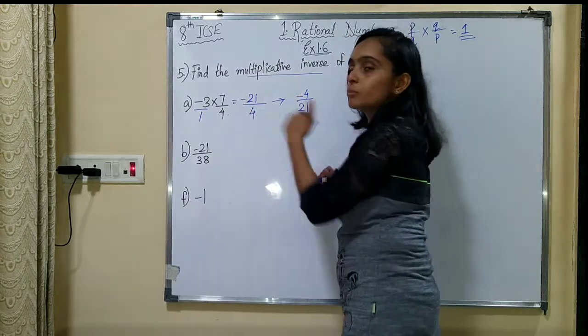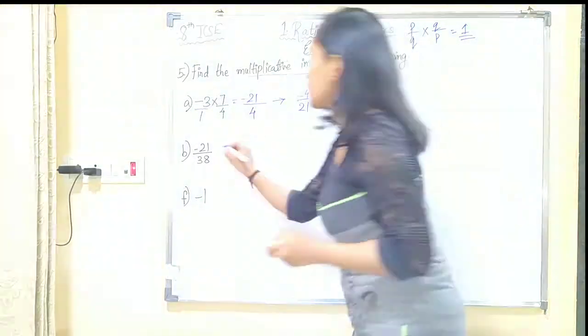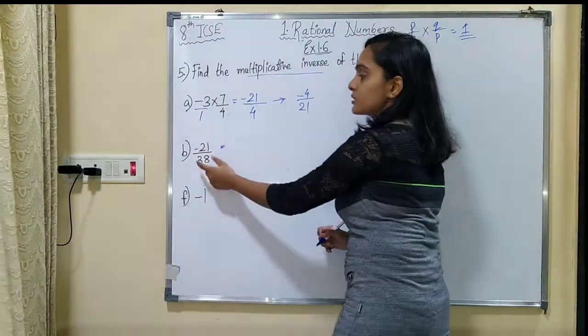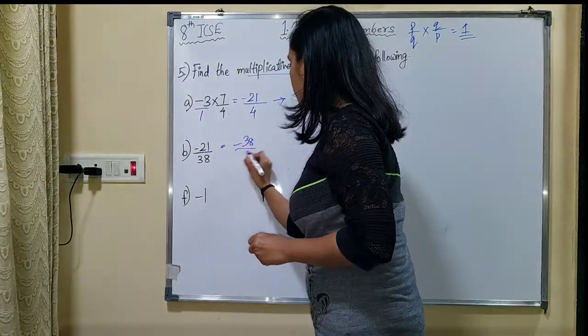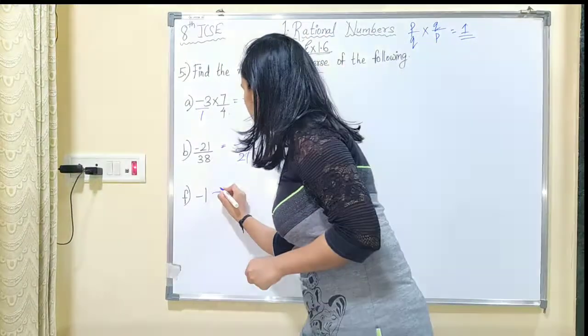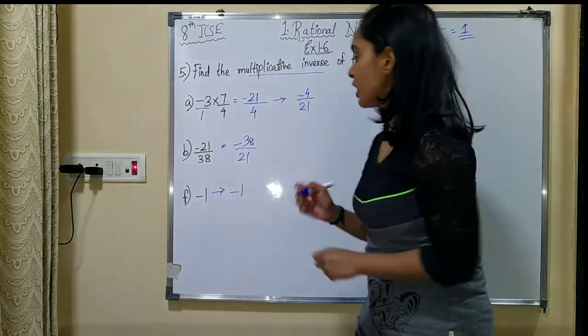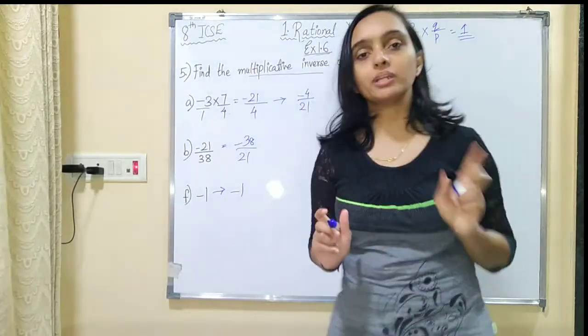As minus minus becomes plus, so you will get 1 as the answer. Now for this, minus 21 upon 38, its reciprocal will be minus 38 upon 21. Now for minus 1, the reciprocal of minus 1 is minus 1 only, as 1 multiplied by 1 gives you 1 and minus minus gives you plus.